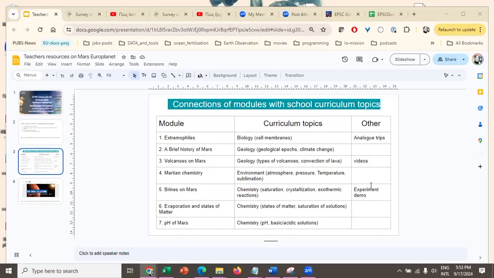I see also that chemistry and geology are taught, like for volcanoes, around 12 to 13 in Greece, and pH, acid-base solutions, 13 to 15. So that's already, yeah, towards the end of the target group that we have, but still including.